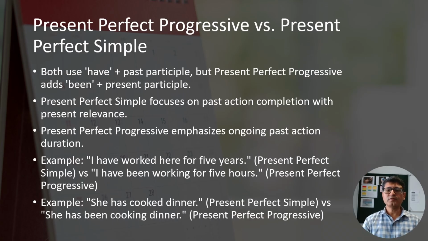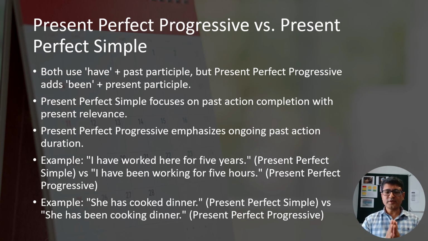So now let's compare present perfect and present perfect progressive. Both of these tenses use have plus past participle, right? Third form of the verb we also call that. But present perfect progressive is been plus present participle, which is the ing form of the verb, right? Let's look.